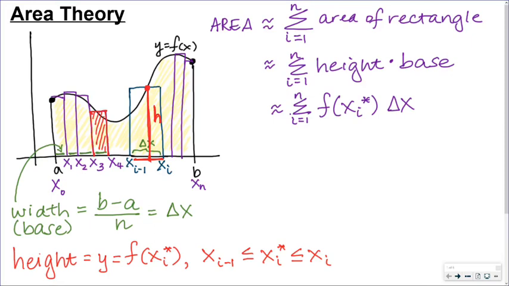What will make our formula the most accurate is if our rectangles become infinitely thin: delta x approaches 0, or another way to say that is the number of rectangles approaches infinity. So our area will be exactly the value of the limit as the number of rectangles approaches infinity of the sum of the areas of those infinite rectangles.